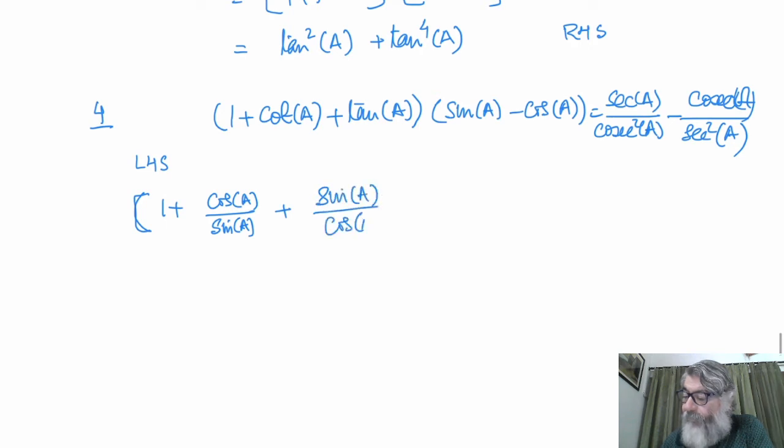We always start with the more complicated side, generally the left hand side. And let it be sin a minus cos a. Let us see what we can get from here.